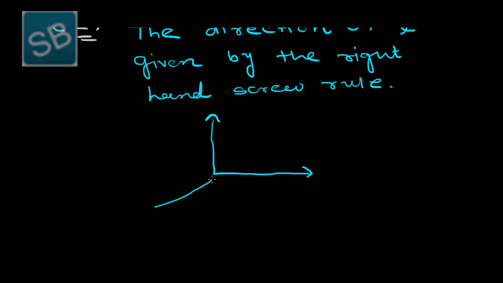Such kind of arrangement. This is the reference point O. Here are the x-axis, y and z-axis. Your position vector was OQ in this direction. So this is the position vector r.